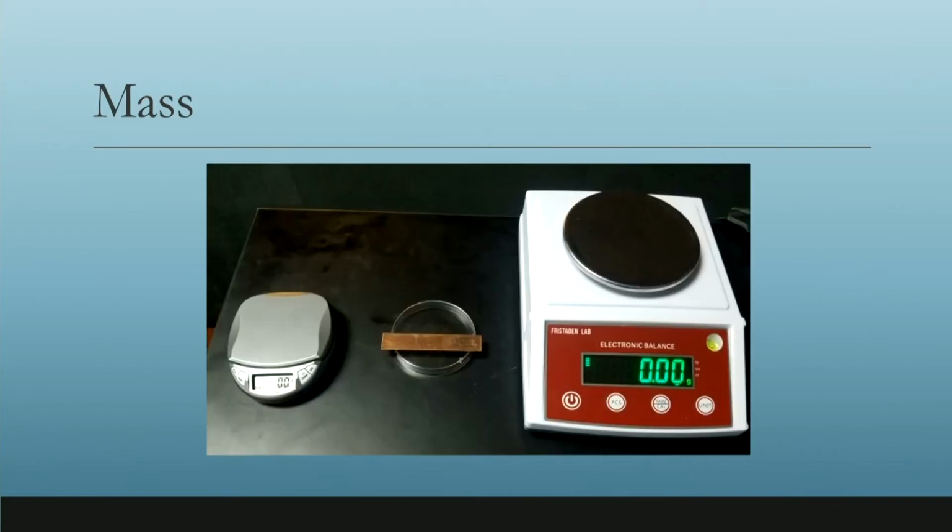In terms of mass, again, where I have 2 scales here, the one on the left is to 0.0, the one on the right is 0.00. So when we want to find the mass, we'll just write down the mass that's given on the actual display.